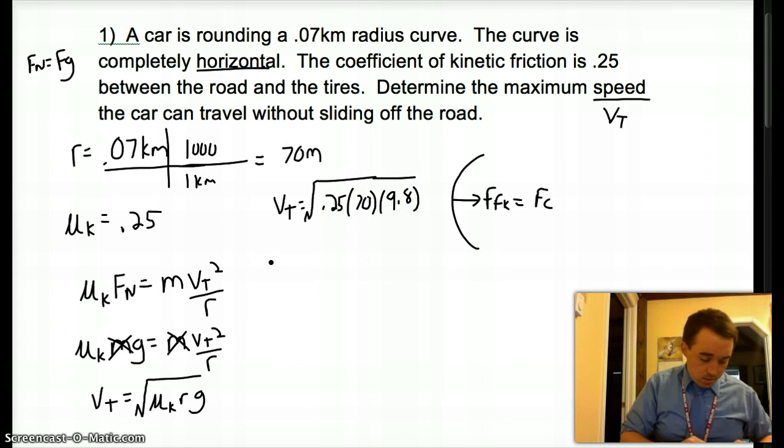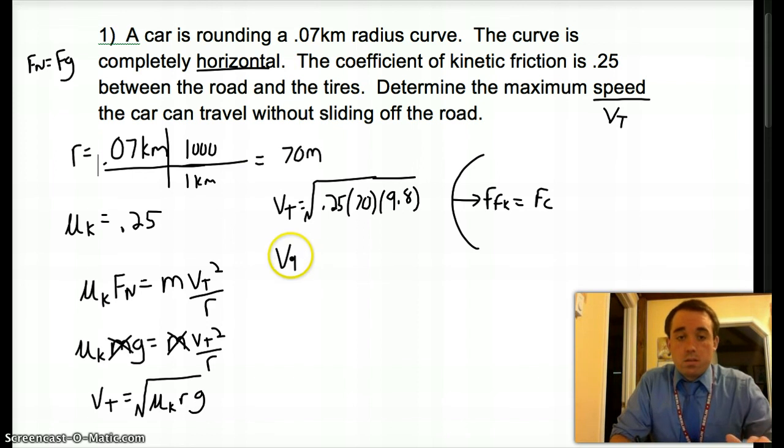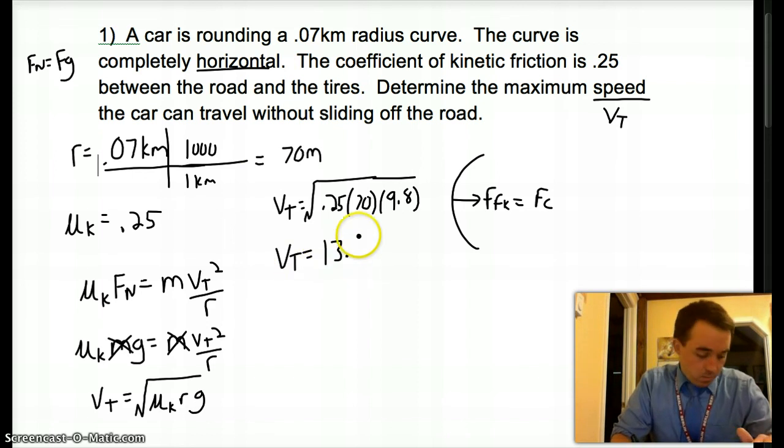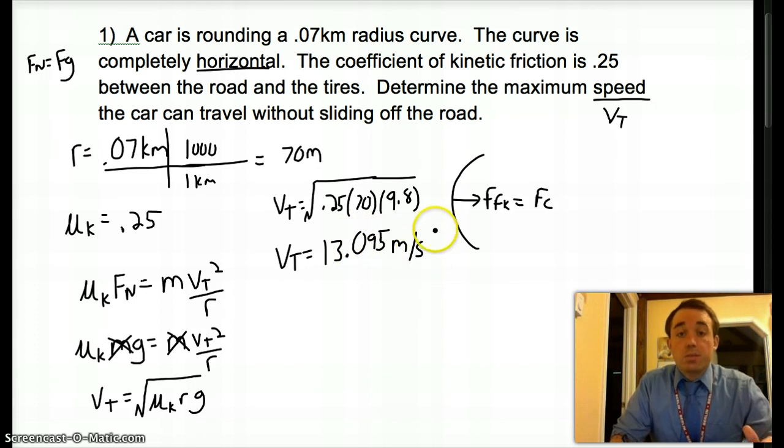And I get square root of 0.25 times 70 times 9.8, 13.095, or 13.10 meters per second. Speed has units of meters per second, so you gotta make sure you include that.